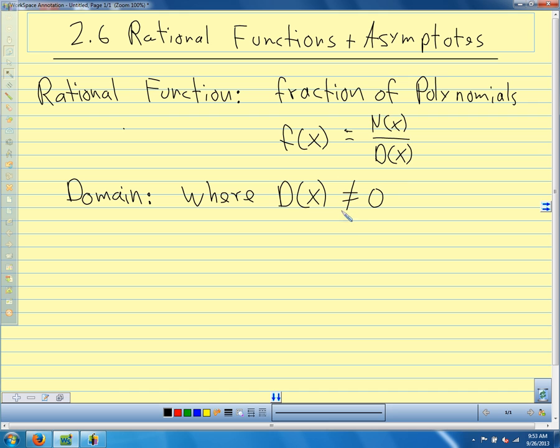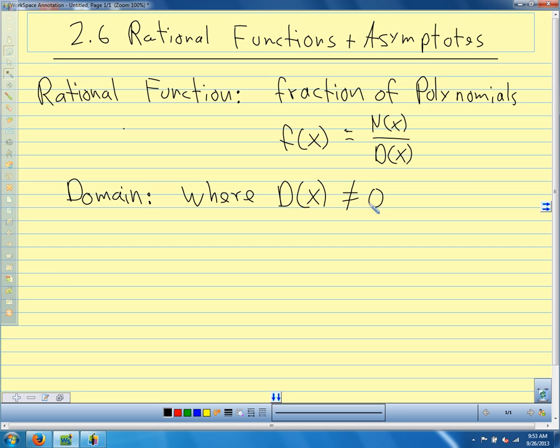So we need to figure out where the denominator is not equal to 0. Well, our domain restrictions are going to be where the denominator does equal 0. How do we find where the denominator equals 0? The denominator is a polynomial. We have to find the zeros of a polynomial. What have we been doing for almost the entire unit? Finding zeros of polynomials.